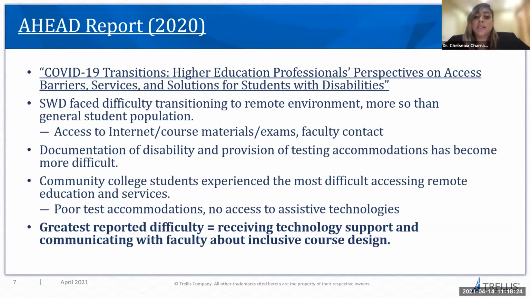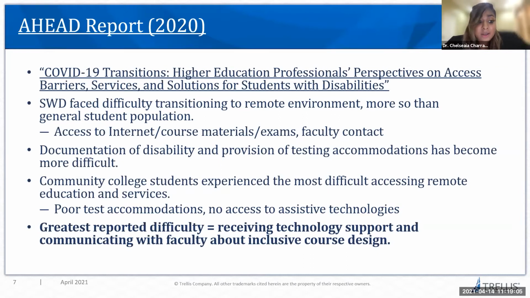It was interesting that we found that students with disabilities face difficulty transitioning. Of course, that's easy to assume, but this is re-emphasized. One of the greatest things they faced difficulty with was access to internet and course materials, examinations, being able to have frequent communication with faculty, and being able to provide their documentation for disability and actually getting access to these accommodations was more difficult.